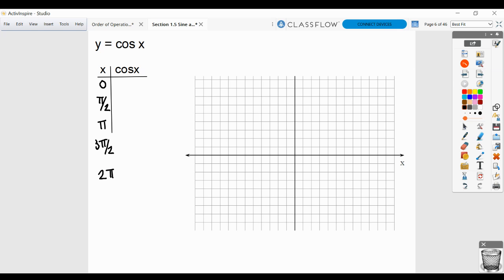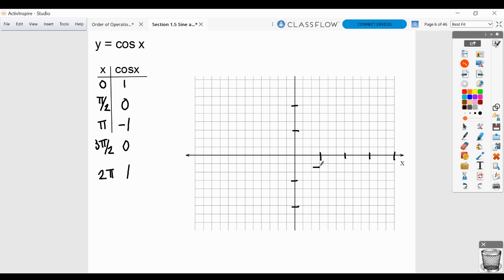And then same thing, if I put those into my calculator, or looked on my unit circle, my blue sheet, you would find that the y values would be as follows. Going to graph this, I'm going to do this every single time, marking out 3 blocks for each one.